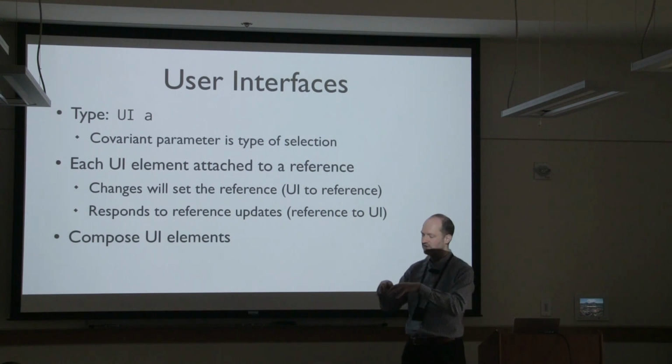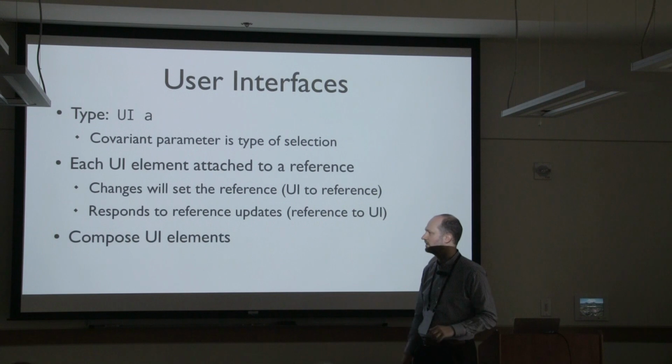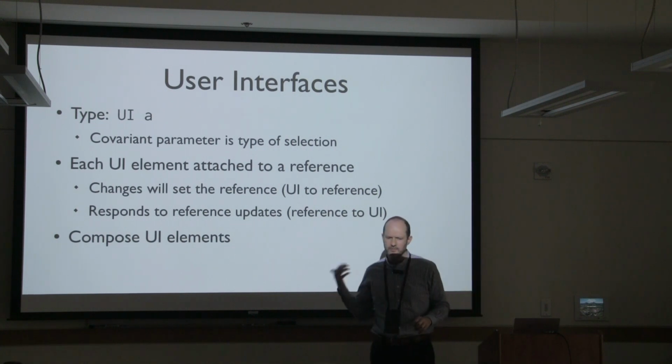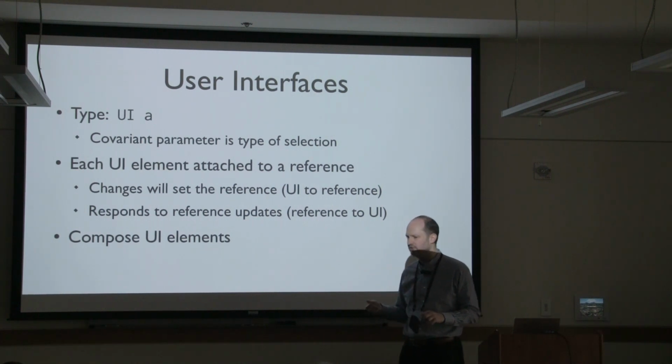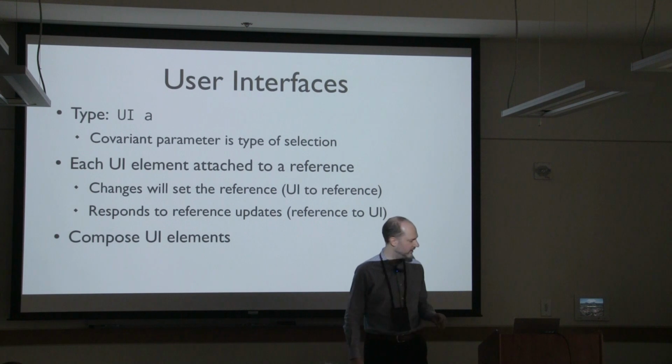If you have two checkboxes attached to that reference, if you click on one of the user interfaces, it'll send a set message to the reference, which will then send an update message to the other user interface to keep those two user interfaces in sync. And you can compose user interfaces in various ways by laying them out vertically or horizontally, or on tabbed pages, or all those other GTK type things.